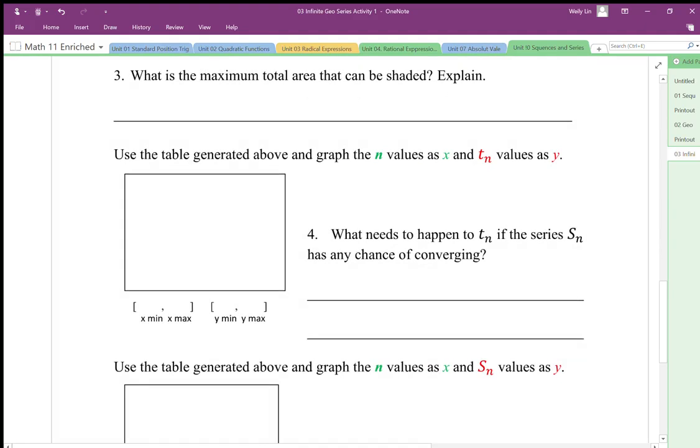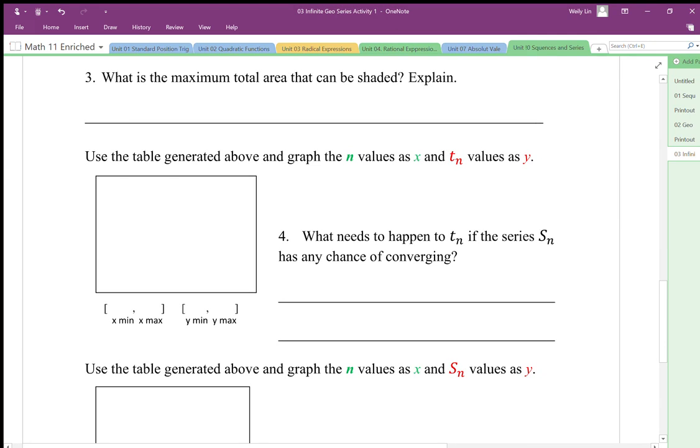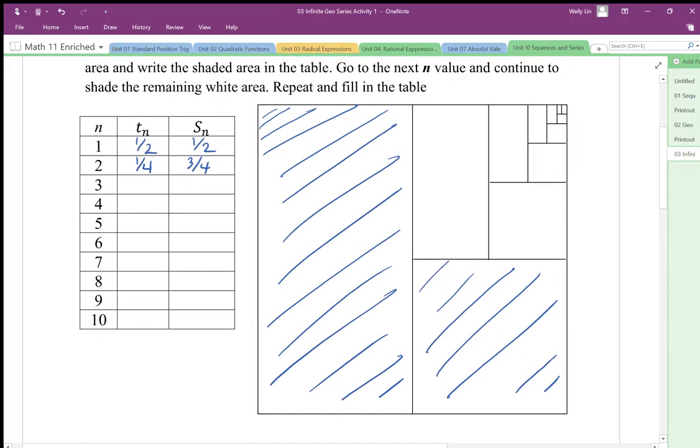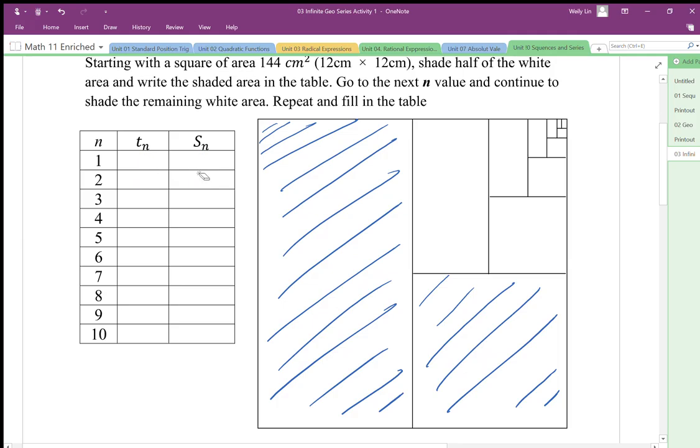What's the maximum total area that can be shaded? Well, the maximum total area is going to be 144 centimeters squared. Actually, we should use the actual areas here. So this was 72, this was 36, so it's 108 centimeters squared. Then this is going to be 18, so this is going to be 126 centimeters squared. And we're just going to keep on adding half the amount.